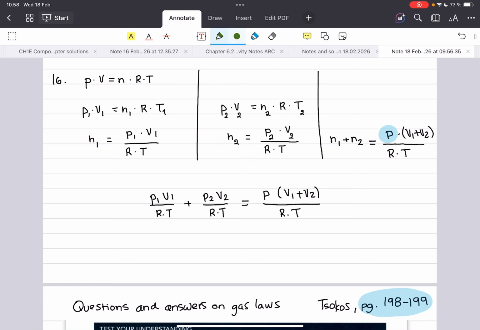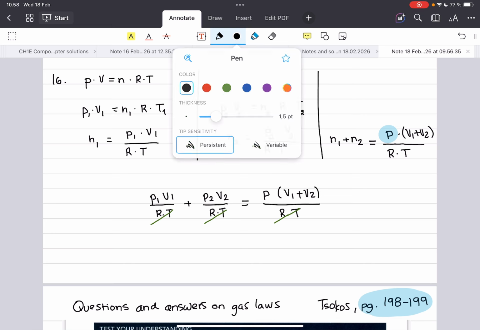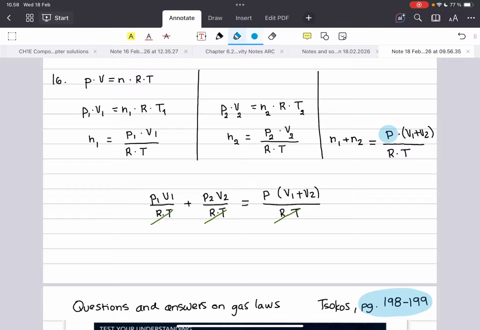And we can simplify, RT simplifies everywhere. And if you use the given numbers, you can actually isolate your P and calculate it. So the final pressure in the two containers will be P1V1 plus P2V2 divided by V1 plus V2.